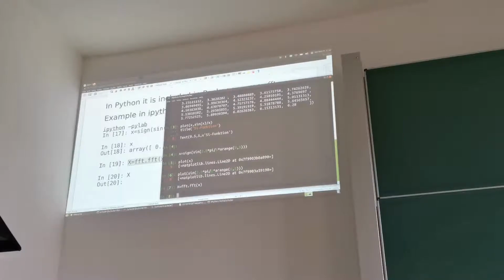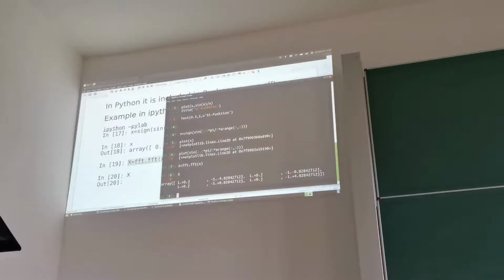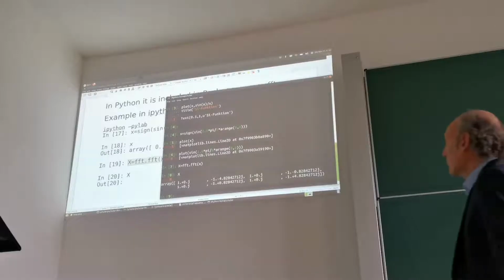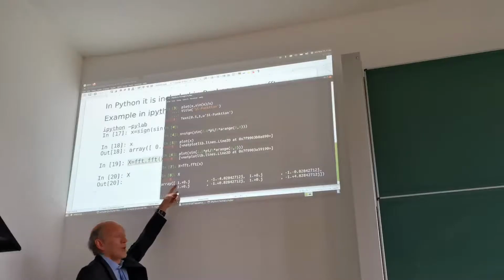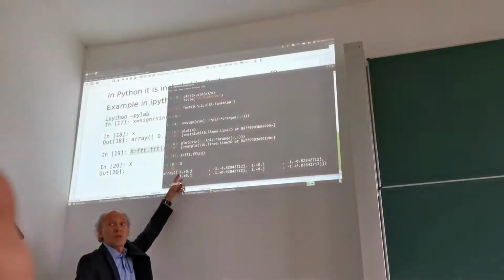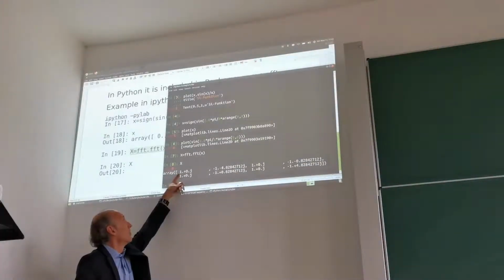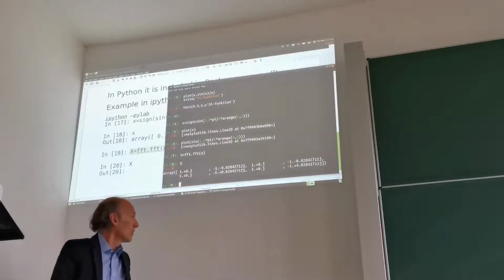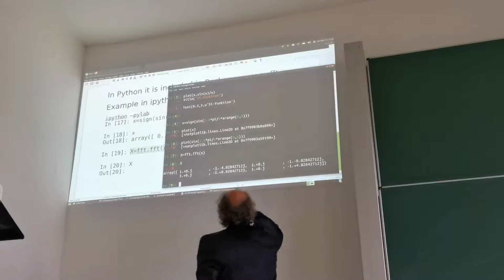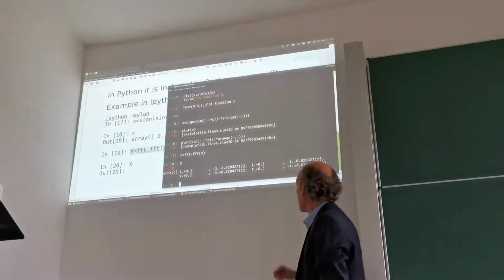So now I have an x, and here we can take a look at the x. This is now the result. Here's the first x. This is x of k equals 0. We have 1 plus 0 times j. And here, this is x of k equals 1, the next one.